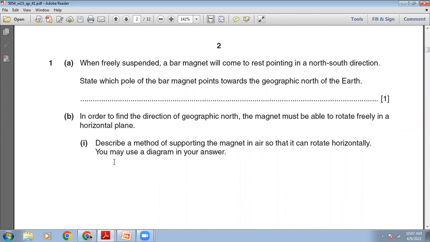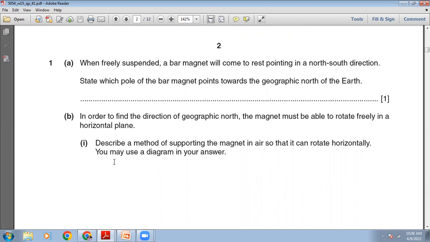Now you see, when you suspend a magnet, it always aligns itself with the magnetic lines passing through that area, and the magnetic lines of the Earth are going towards the geographical north pole of the Earth. The magnetic lines of the Earth's magnet are always going towards the geographical north of the Earth.